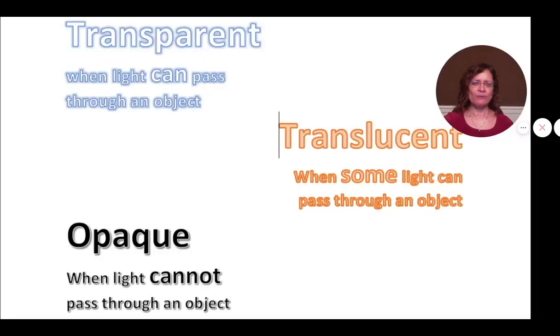Let's do a quick review of our 4 vocabulary words. Transparent, which means light can pass through an object. Translucent, which means some light can pass through an object. Opaque, which means light cannot pass through an object.